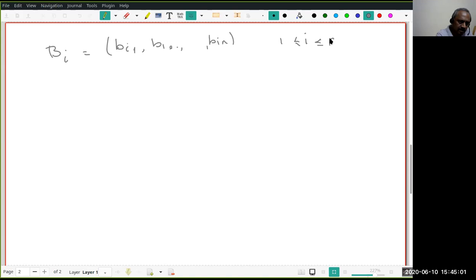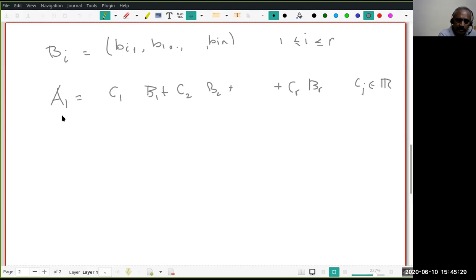So let us look at the first row, a_1. This must be a linear combination of b_1 to b_r. So I can write it as c_1 b_1 plus c_2 b_2 plus c_r b_r, where the c_j's are scalars.